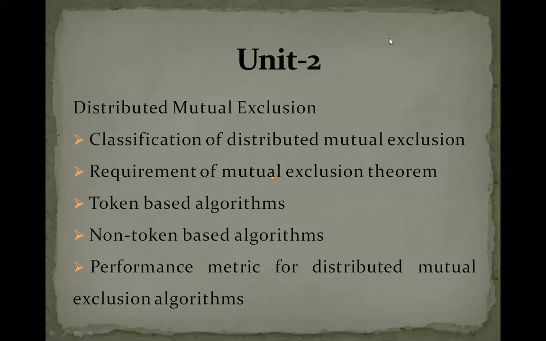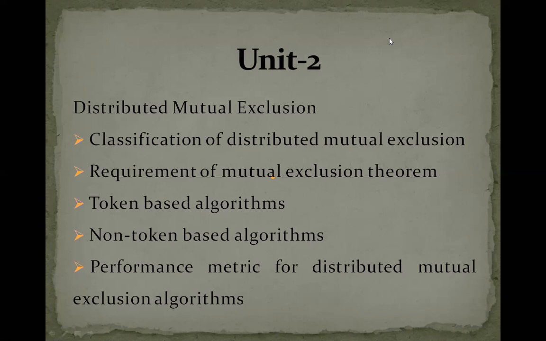Now, if you compare the problem of mutual exclusion in a single computer system with a distributed system, in a single computer system, shared memory exists, and the status of the shared resources and the status of the users is readily available in the shared memory.